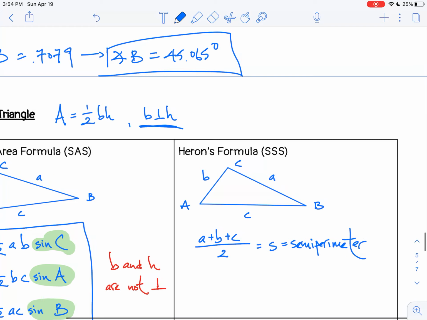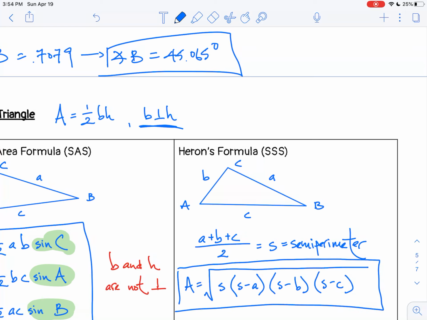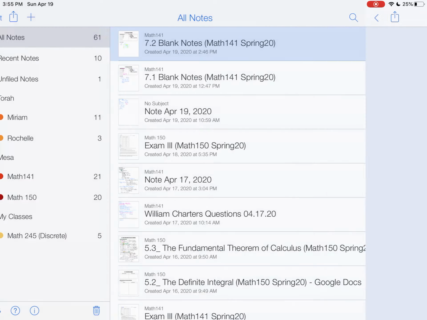Now, if we want to find the area of a triangle and we only have the 3 sides, we can use the semi-perimeter to help us out. We take the square root of s times s minus little a times s minus little b times s minus little c. If we apply that formula, we'll be able to find the area of the triangle without knowing any of the angles.